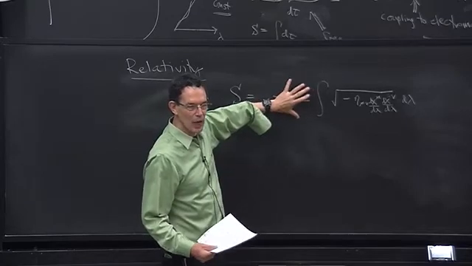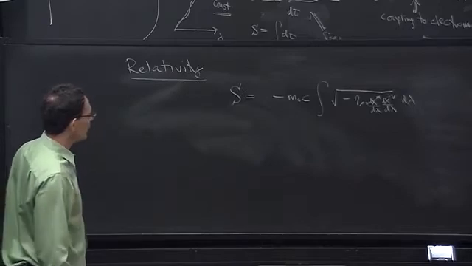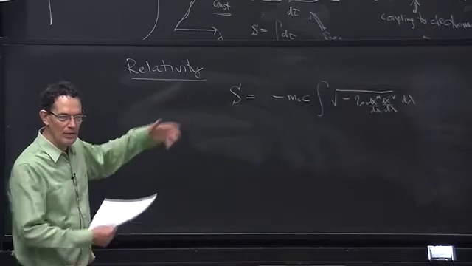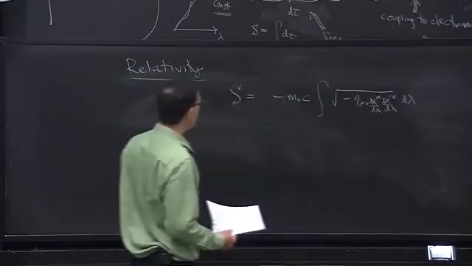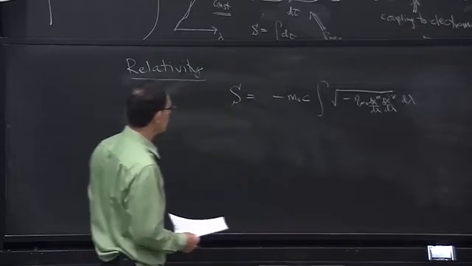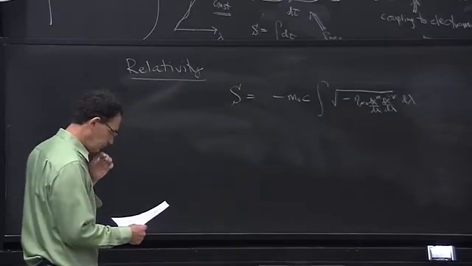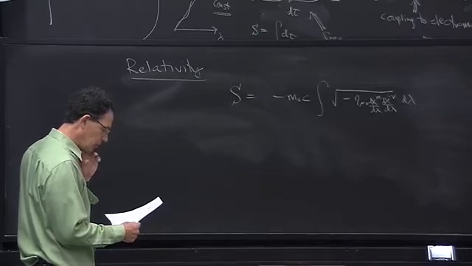You'll see why we choose it minus m naught c shortly. Obviously I'm going to get the momentum out as the coefficient of the variation. But so far this is just a choice I've made to define the constant.